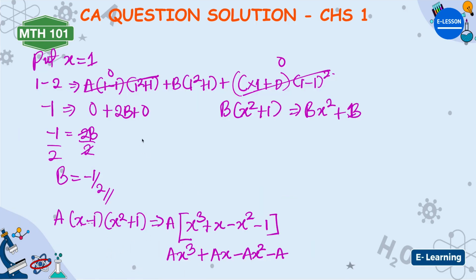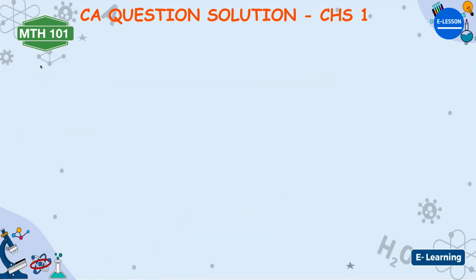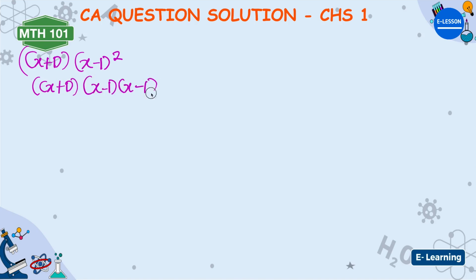Now, that will require us to think a little bit. So we have Cx plus D bracket what? x minus 1 squared. So first of all, we are going to do x minus 1 squared. So this will give us Cx plus D bracket x minus 1 squared is x minus 1 bracket what? x minus 1.